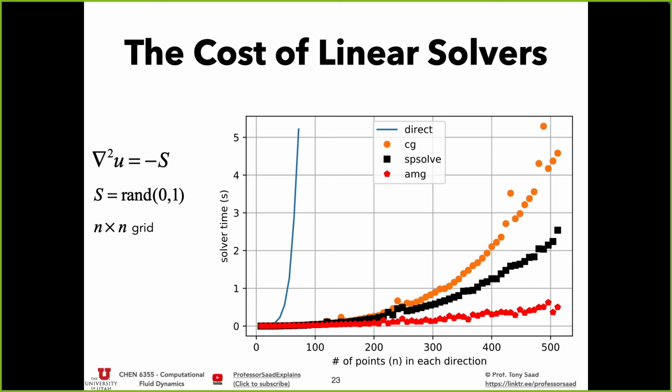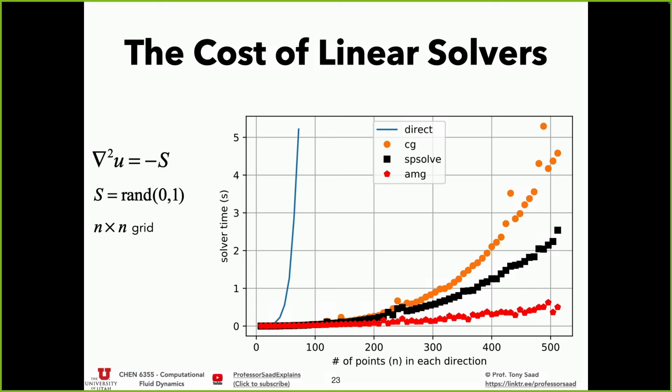So here you have 500 squared equations, which is a lot of equations, and it's still like half a second. Now imagine you have to do this 1,000 or 100,000 times. It's going to matter, because you're trying to advance the Navier-Stokes equations in time, and you have to solve this equation at every time step. So this really, really matters. Getting a small cost for your linear solver is very important.